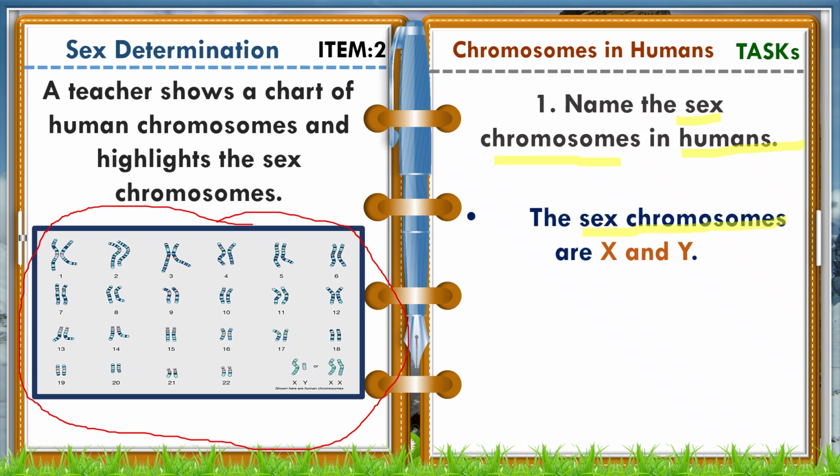The sex chromosomes are X and Y. If you look here, we have the 23rd pair. It can be XY or it can be XX. Those are the sex chromosomes in humans.